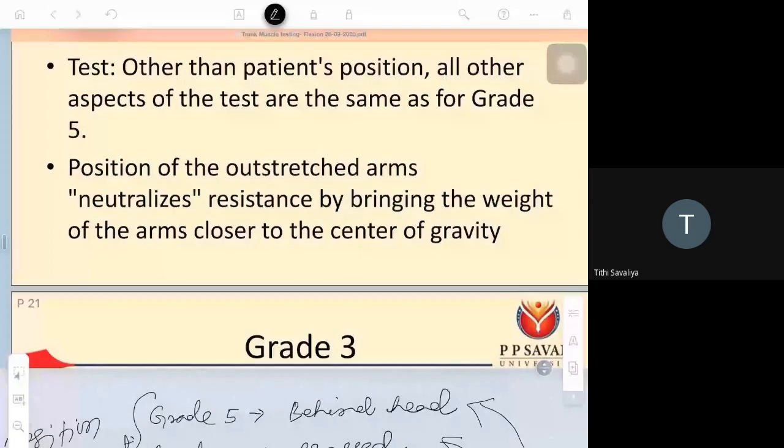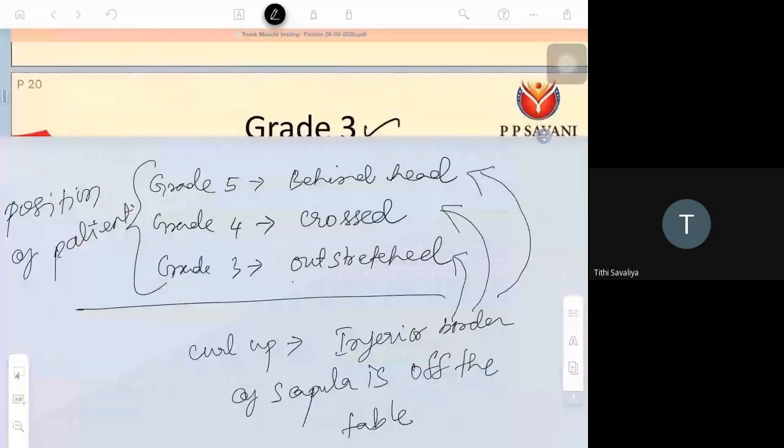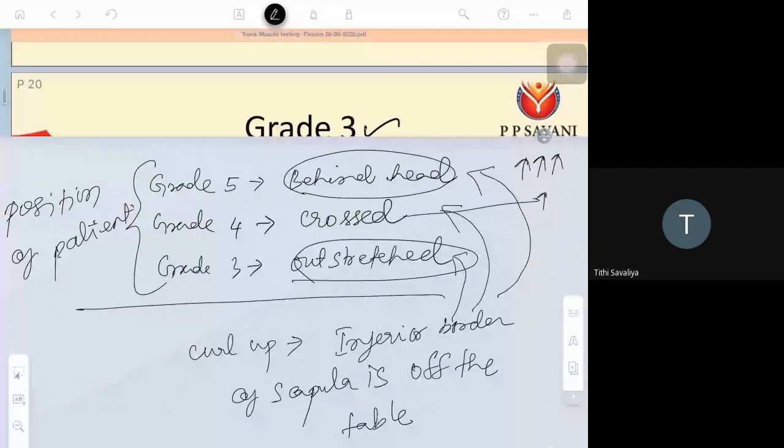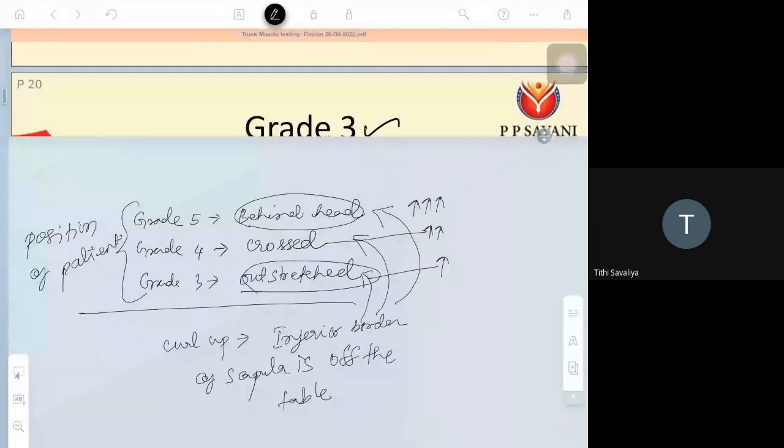In grade 3, with outstretched hands, behind the head the resistance is more. Crossed hands, the resistance is a little bit less. And with outstretched hands, the resistance is further reduced. And the instruction is the same: the inferior border, he should clear the scapula. The scapula should be cleared from the table.